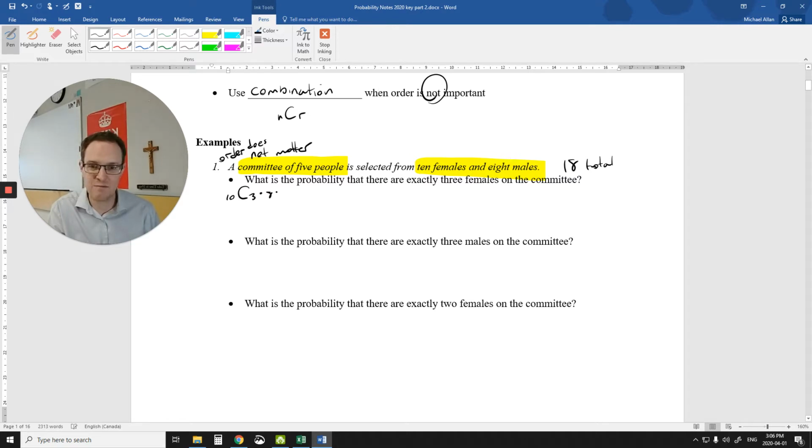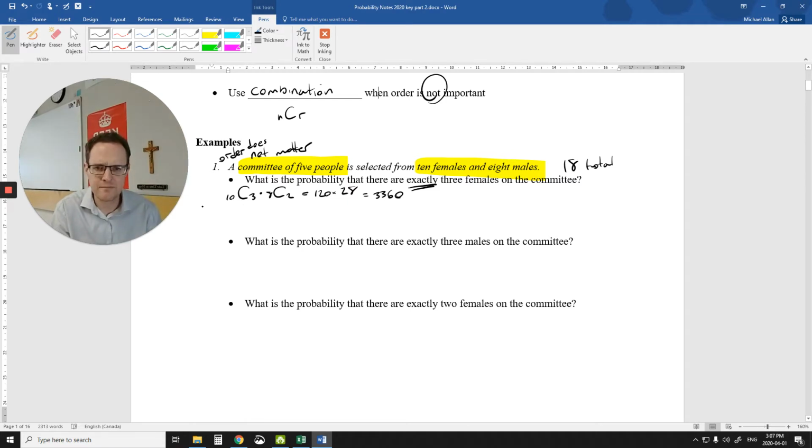And of the 8 males, I need to choose 2 more because it's exactly 3 females. So I have 3 females, 2 males. I can type these in my calculator. So I get 120 times 28, and I get 3,360 different committees I can create using exactly 3 females.